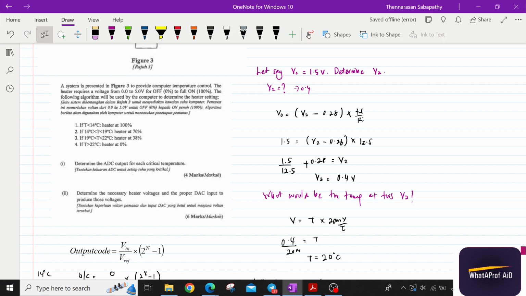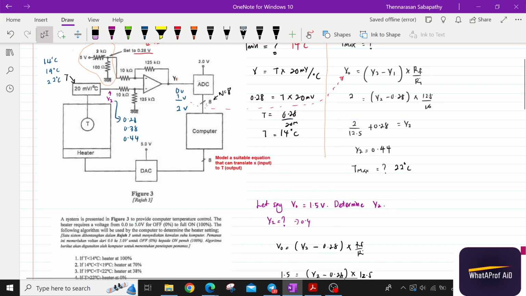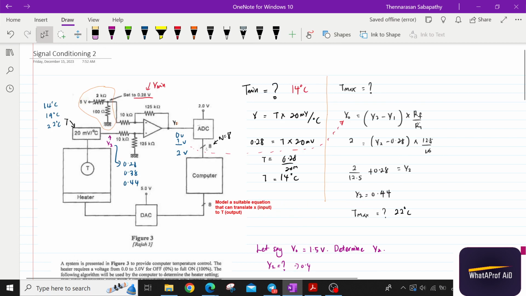Okay, still in this question, if you want to play around, let's say the output code is already given here, and then they ask for the temperature, means you know how to do it, right?